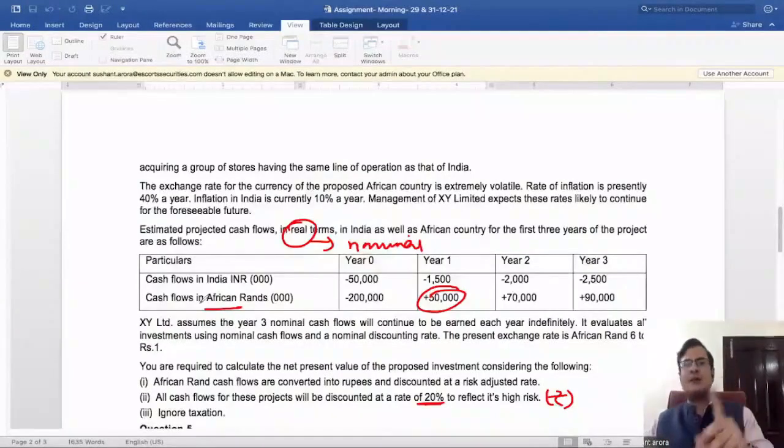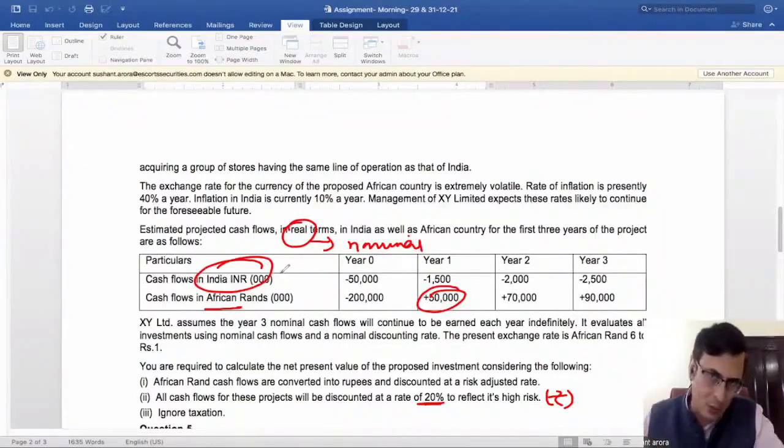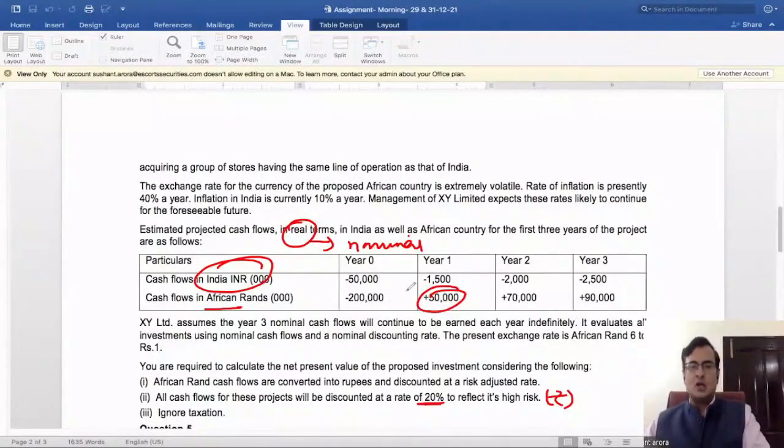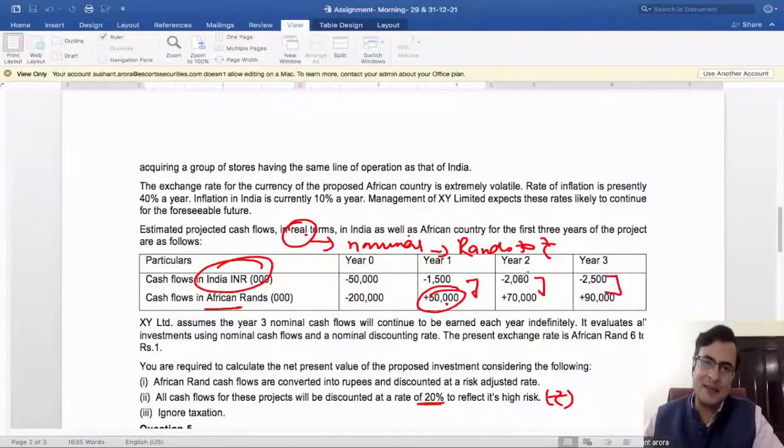In example number 1, there were no cash flows from India, only cash flows from the outside subsidiary. Here there are cash flows from India as well, so you are adding both of them. Yes or no? Yes, sir. So the first thing was we converted this real into nominal, and then rands into INR. This African rand became INR, and we added both of them. Till now we have done it till here.